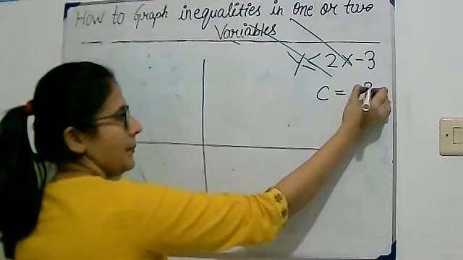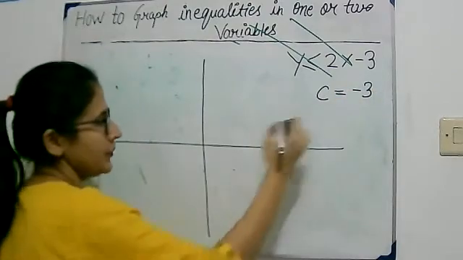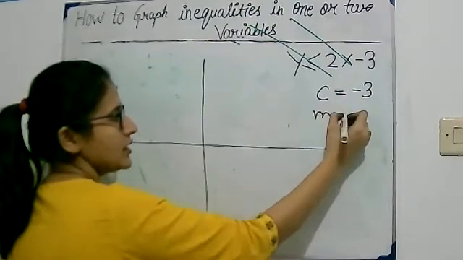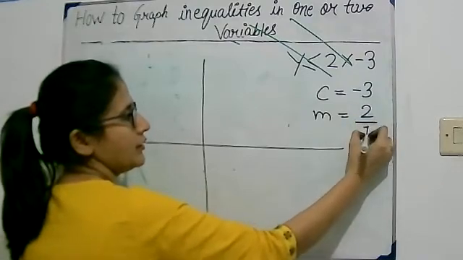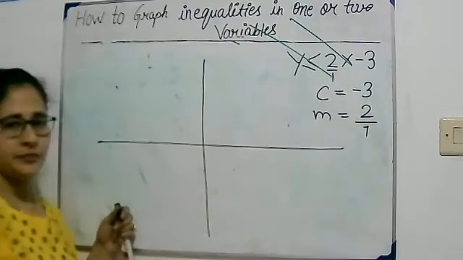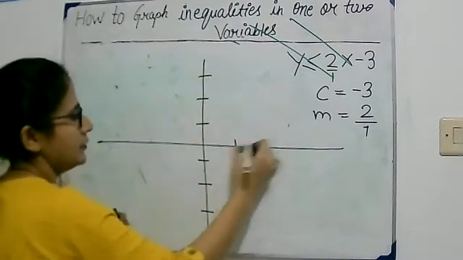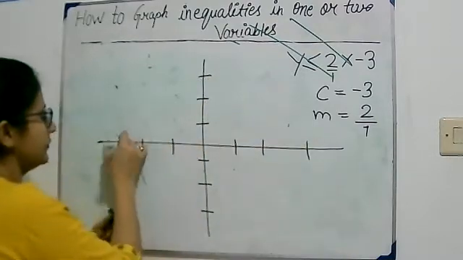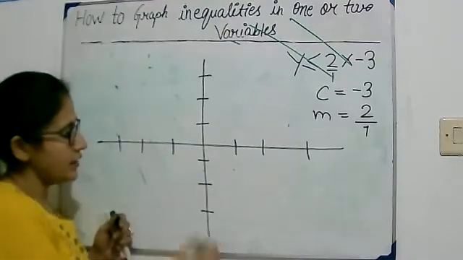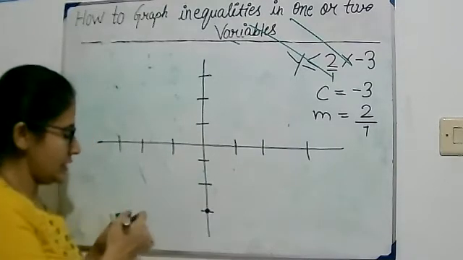C is minus 3. Intercept is minus 3. Now m is 2 over 1. Intercept is minus 3, so the point is here.